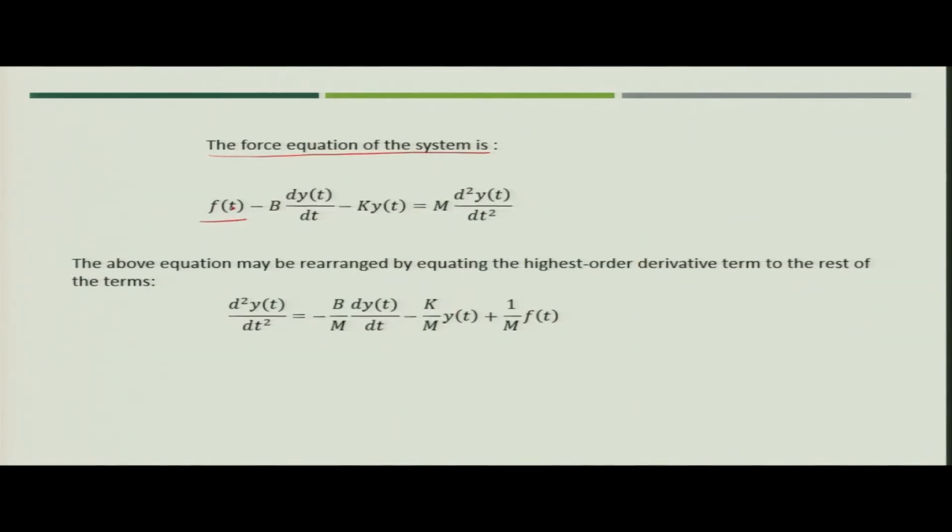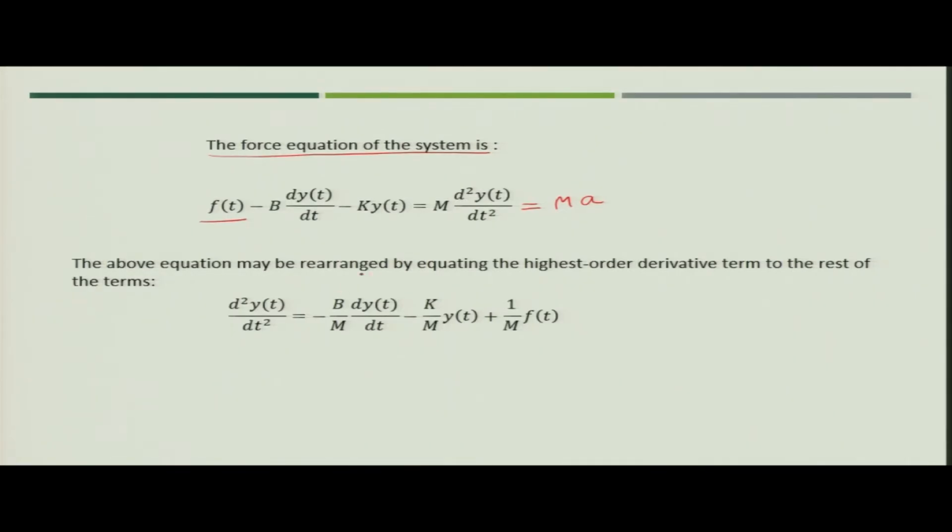So, F(t) minus b dy by dt minus k y(t) is equal to m d2y by dt2, that is m into a, acceleration. So, F, the force applied on the mass, minus the viscous friction minus the spring tension, you get the net force which is responsible for acceleration of the object.